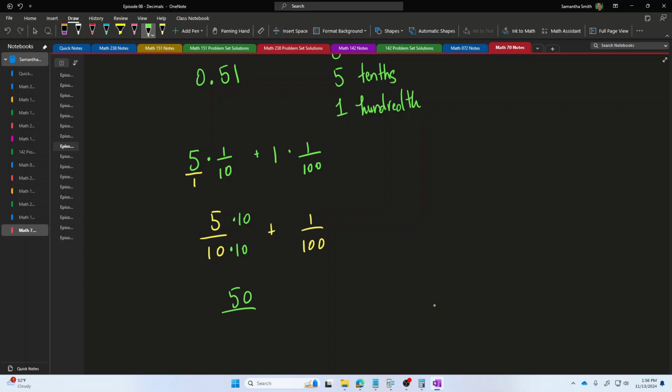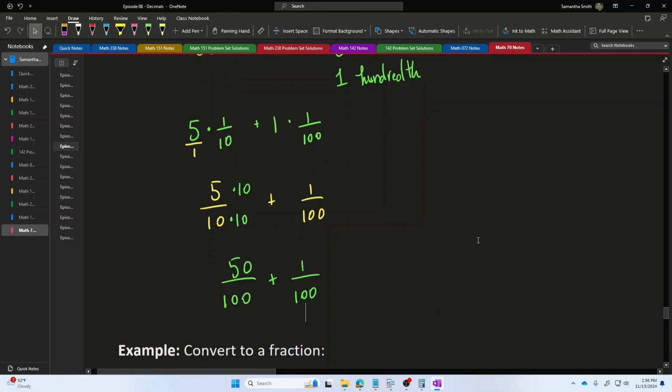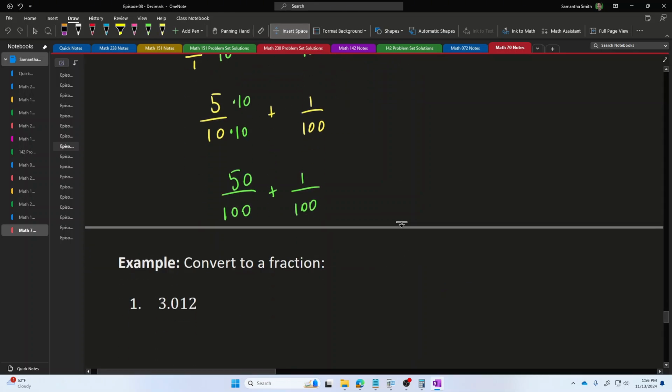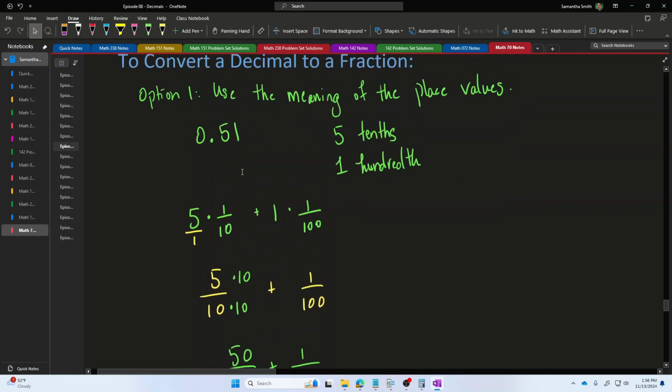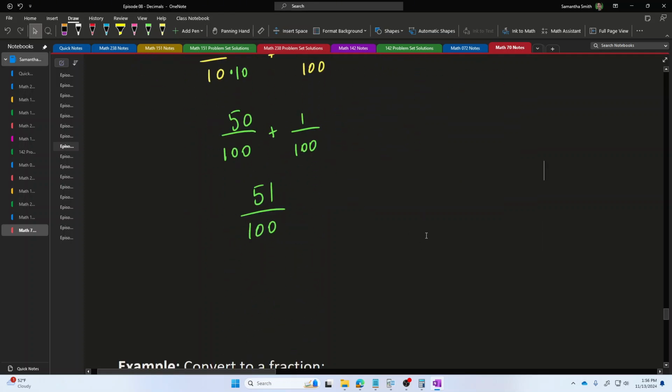So that turns the numerator into 50, that turns the denominator into 100, and so I have 50 over 100 and 1 over 100. If I then add these two numerators together over the common denominator, I have 51 over 100. That would be the decimal number 0.51 expressed as a fraction.